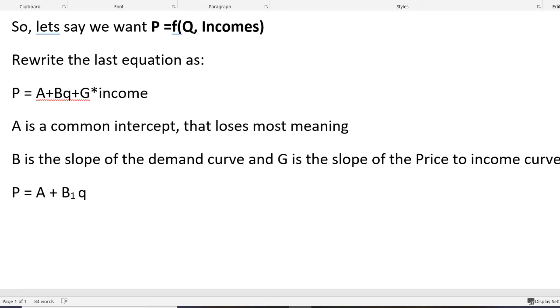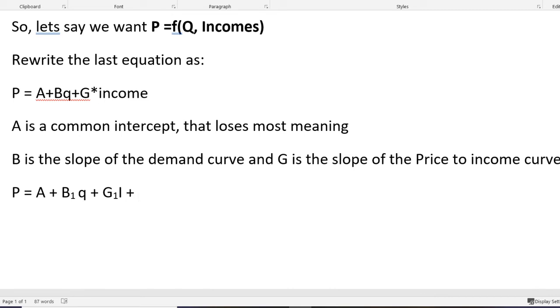Right, plus G sub 1 times I, excuse me. I'm going to rewrite this. Right, and then we could add other things. We could add other measures.